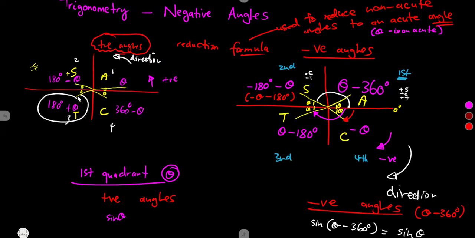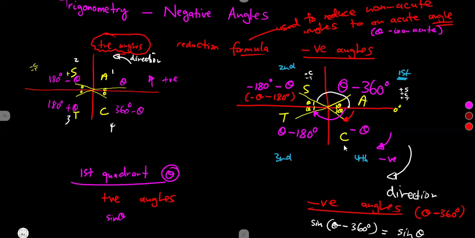You take those reductions, they are the same for this one in the third quadrant, theta minus 180. You move on to the fourth quadrant, your angle was 360 degrees minus theta. So I want you to take the same as it was when I did the positive angles. You take those reductions, you use them exactly for the minus theta.